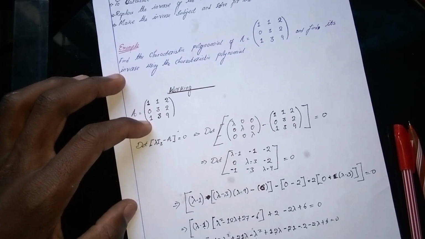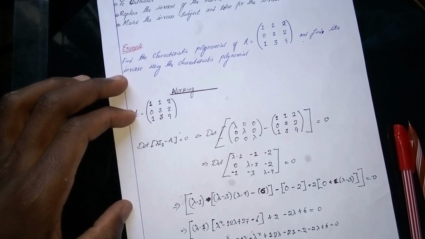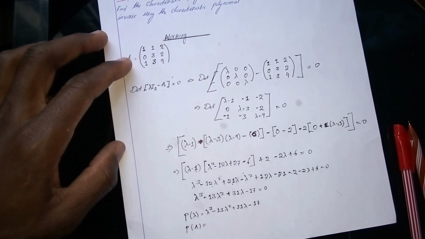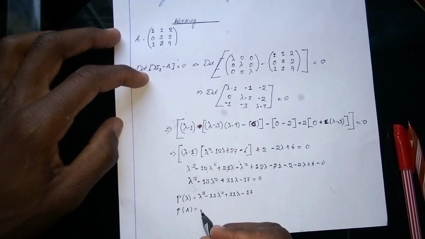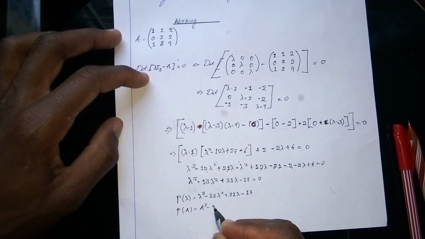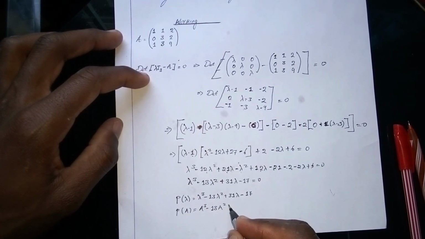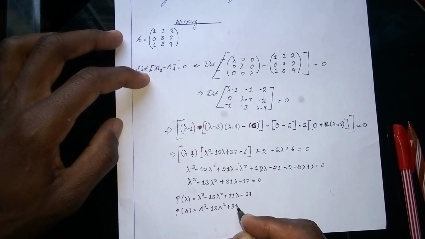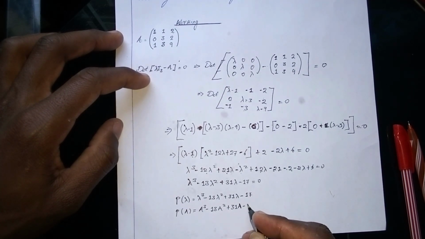Where there is lambda, we put A. So P of A is A cubed minus 13 A squared plus 31 A minus 17.